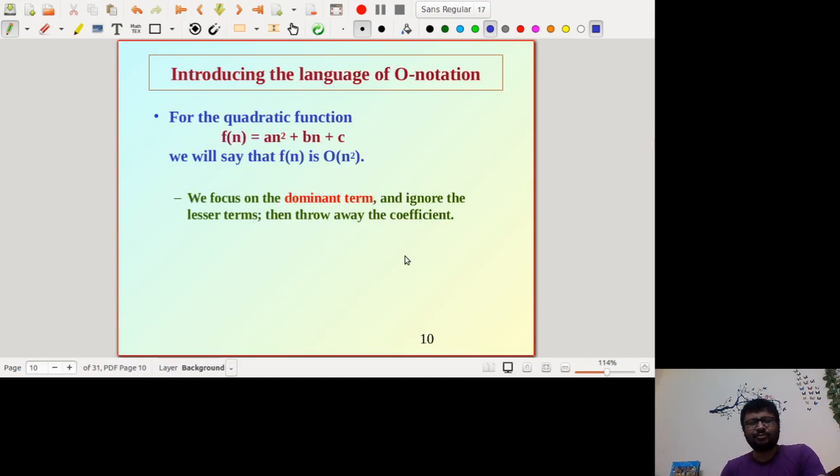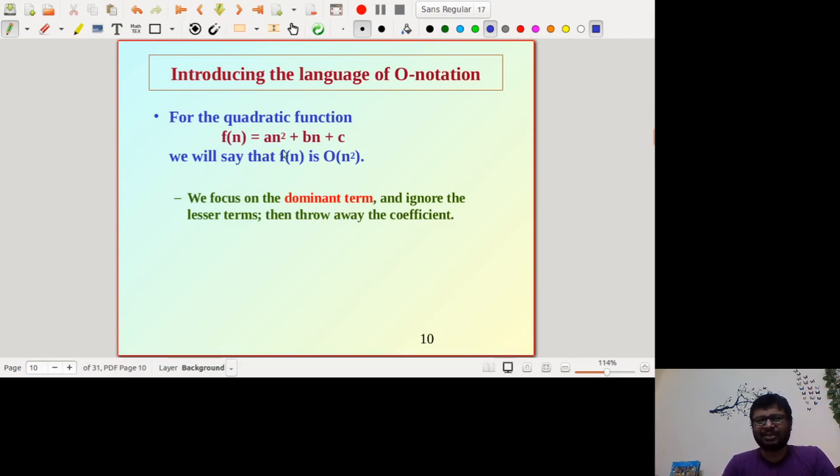So let's introduce the language of big O notation. For the quadratic function f(n) equals a n square plus b n plus c, where a, b, and c are constants, we will say that f(n) is order of n square. Roughly speaking, it says that it grows quadratically with the size of the input. The specific constants that sit before these monomials may be different, but the dependence on n is quadratic.